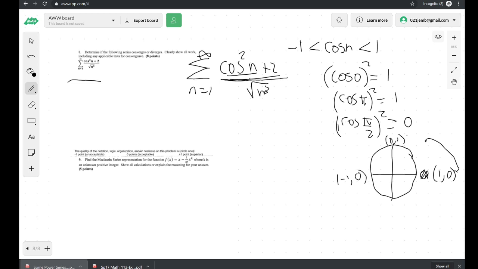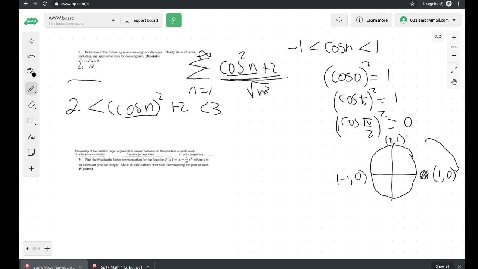Once we realize that it's oscillating between 0 and 1, then we can say that cosine squared of n plus 2 will oscillate between 2 and 3. The maximum value for cosine squared is 1, so 1 plus 2 is 3, and the minimum value is 0, so it will be between 2 and 3.